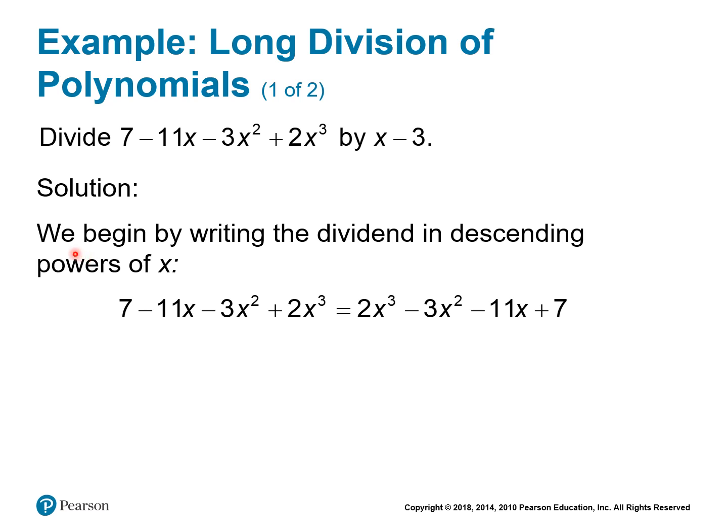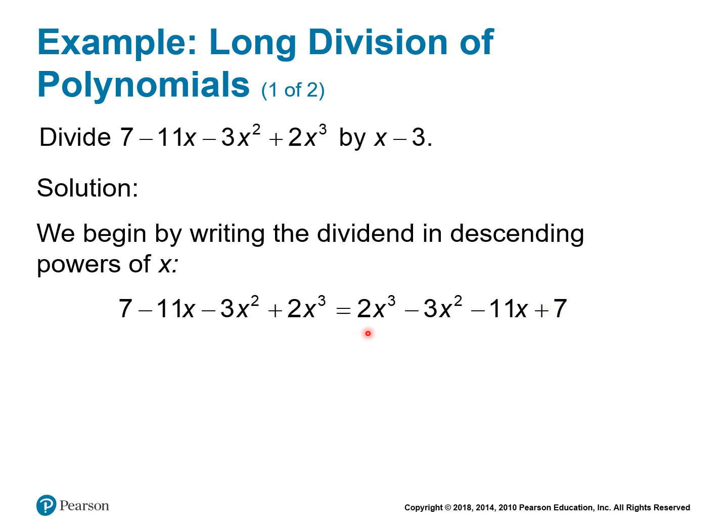As part of step 1, we begin by writing the dividend in descending powers of x. That means 2x cubed should be the first term, then minus 3x squared the second term, minus 11x the third term, and plus 7 should be the last term.